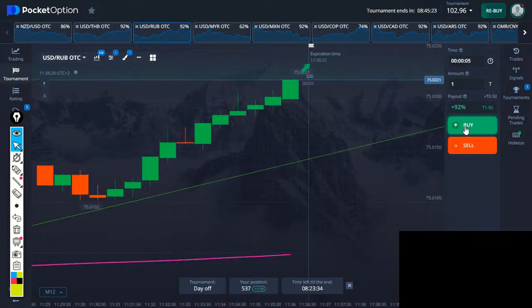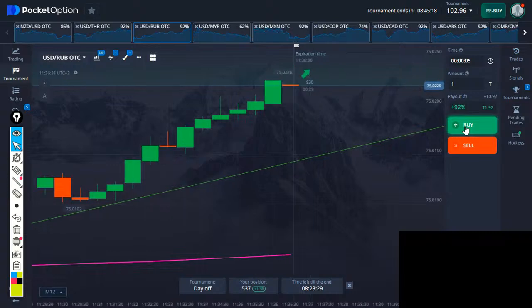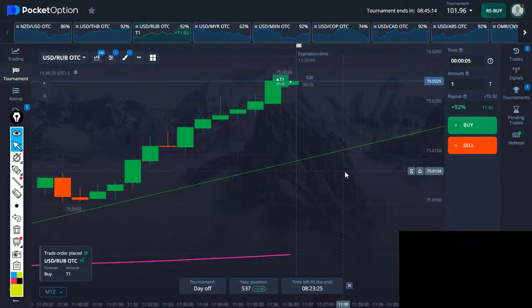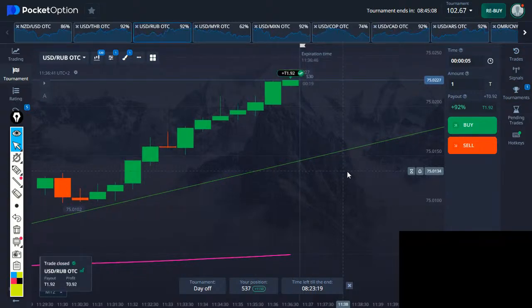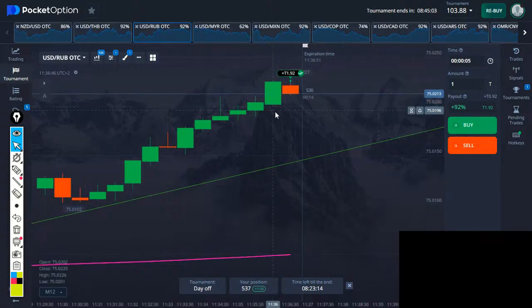In case we see green, okay, powerful green, green, we go for a buy. Beautiful, that one. Fantastic. We are already 4% up.